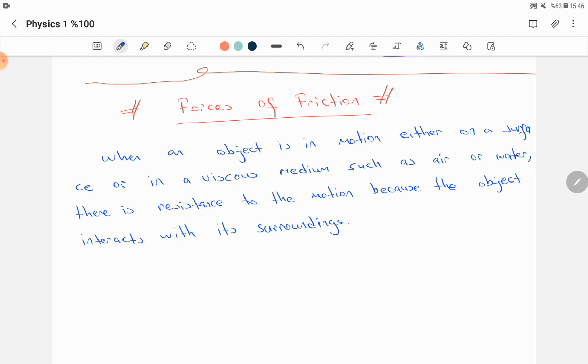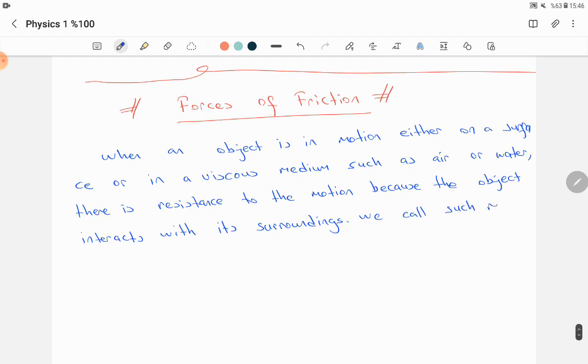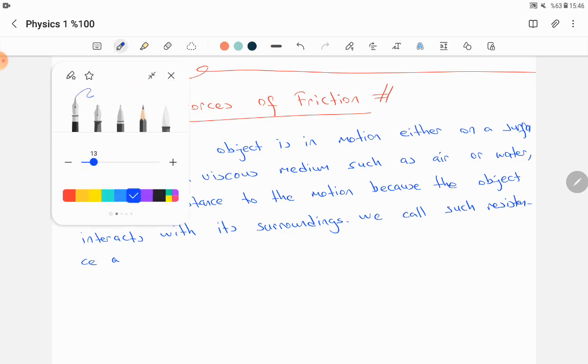We call such resistance force of friction.